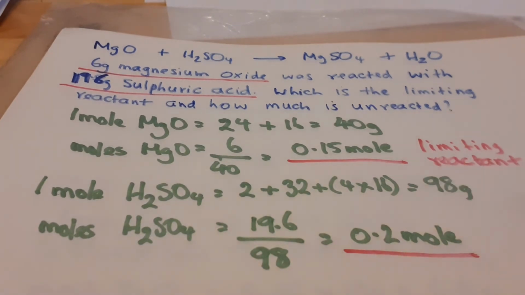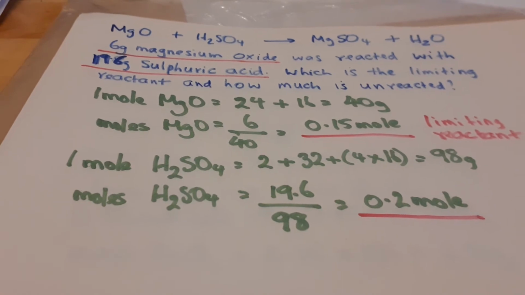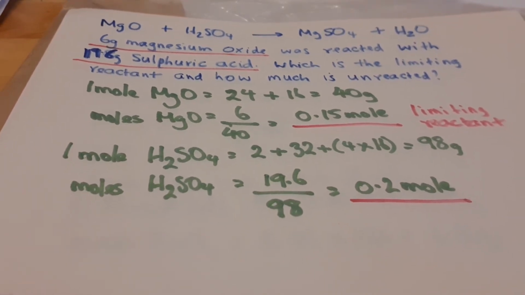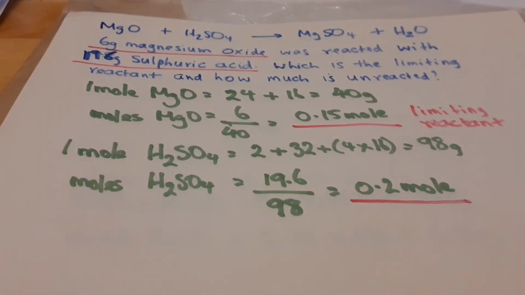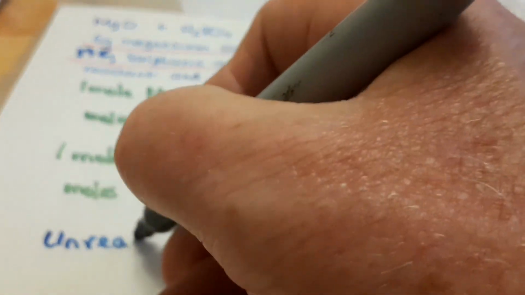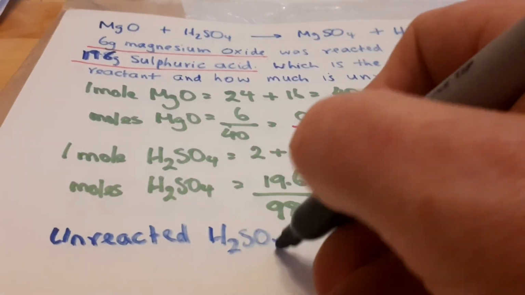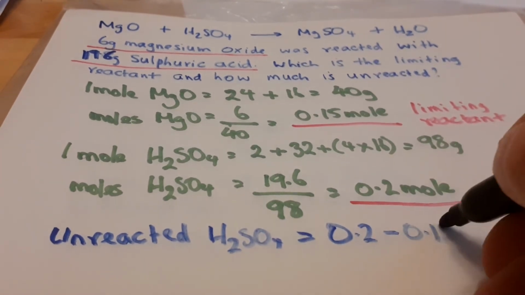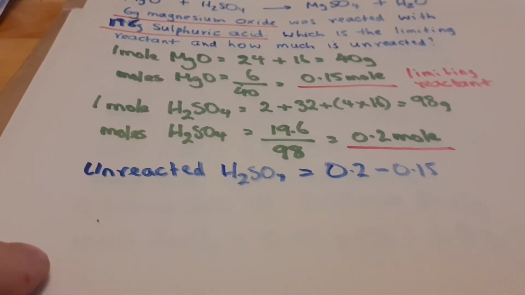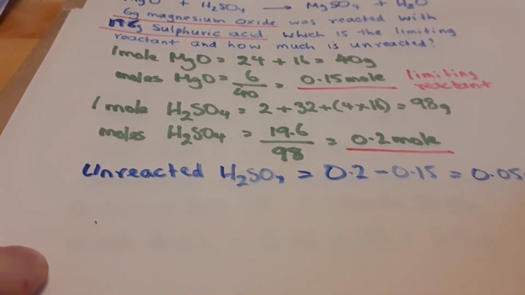So that means 0.15 moles of magnesium oxide will react with 0.15 moles of sulfuric acid. So unreacted sulfuric acid will equal 0.2 minus 0.15, which will equal 0.05 moles.